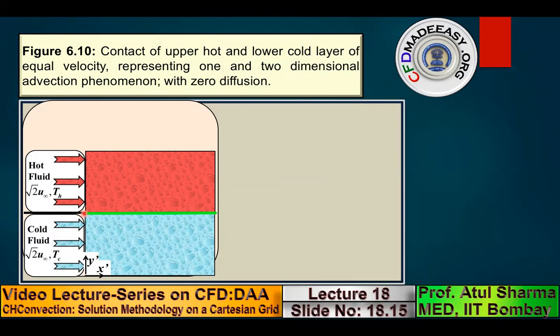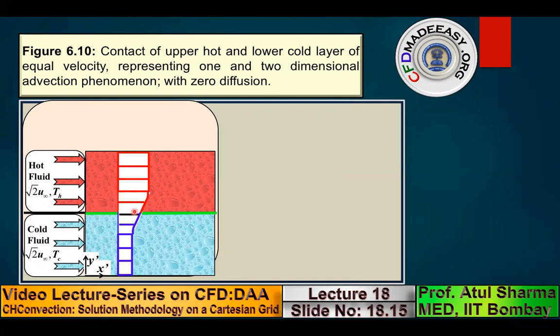So this is the point where these two fluids are meeting. In reality, it is expected that there will be a mixing and a gradual change in temperature wherever these two streams of fluid are meeting.